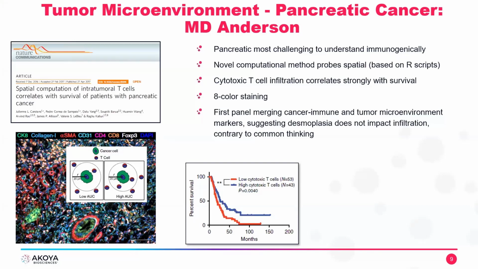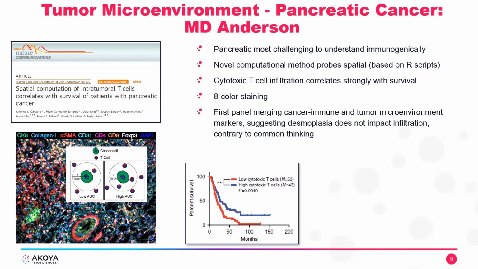And not only that they measured the distance of certain T cells to the tumor cells, but they also measured if within this distance there's extracellular matrix involved, which means if the extracellular matrix has any impact of immune cells moving or invading into the tumor microenvironment.